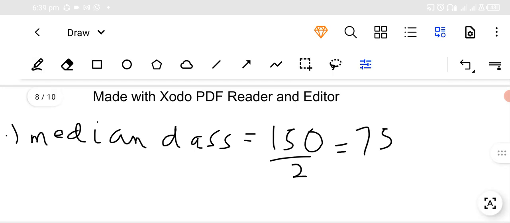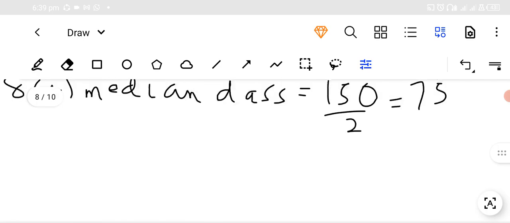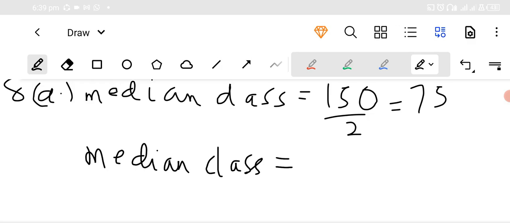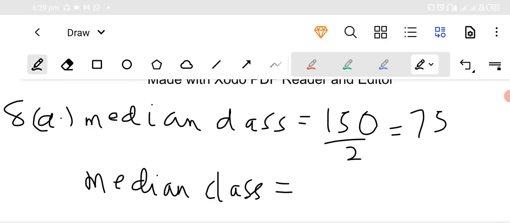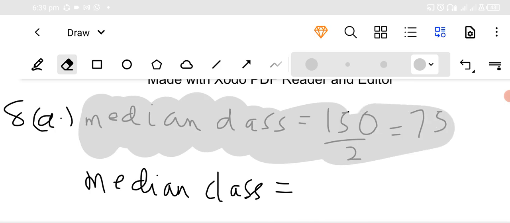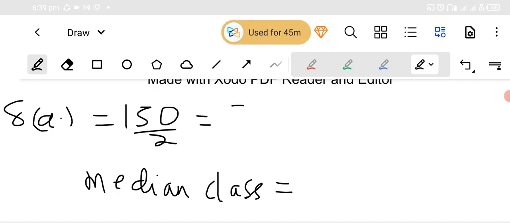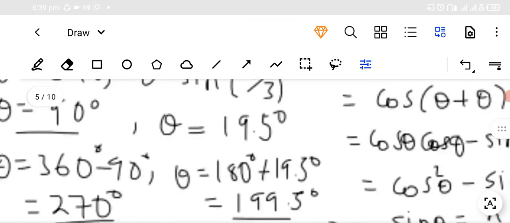So in which class is the 75 occurring? So this is the working. Let me not write median class here, that's not correct mathematics. Let me write it like this. So we'll say is equal to 150 divided by 2, which is equal to 75. And then the median class is where the 75 is falling.